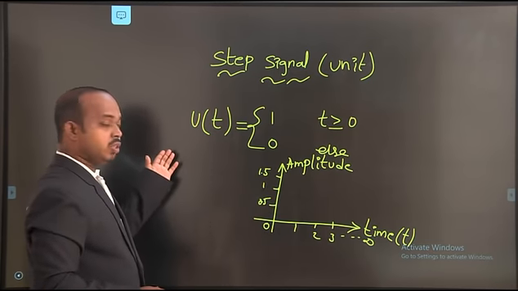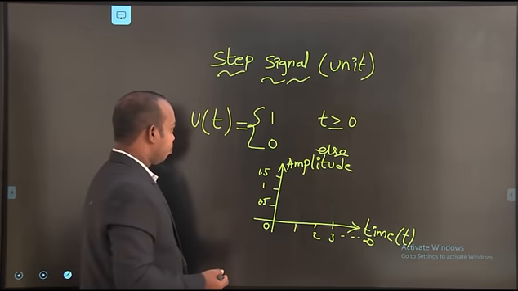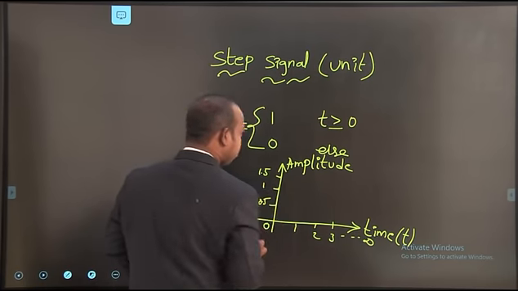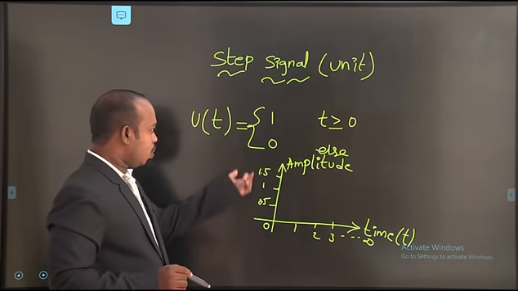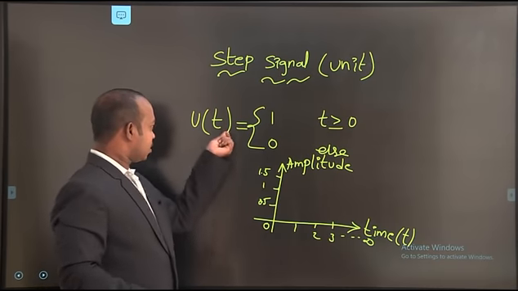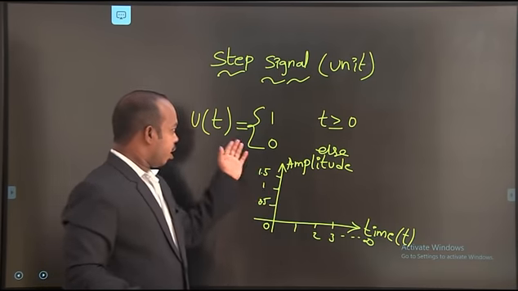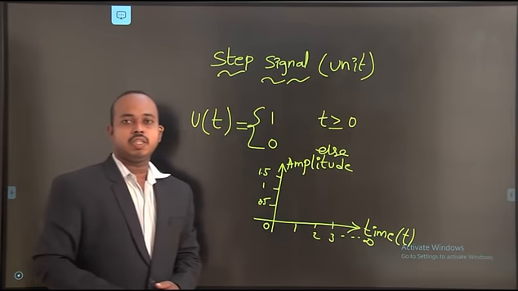According to the definition of the step signal, the magnitude is 1. How do we represent the signal in this graph?